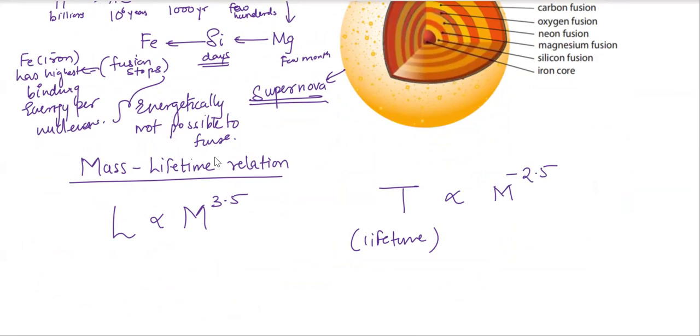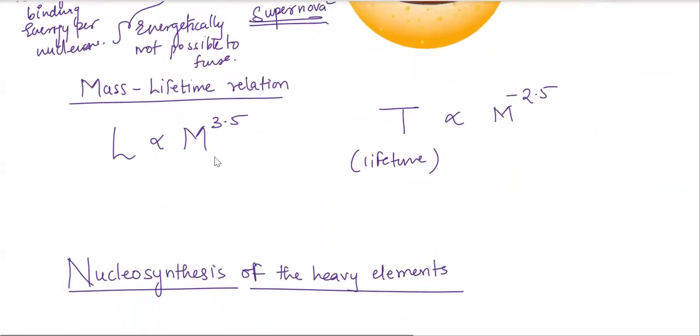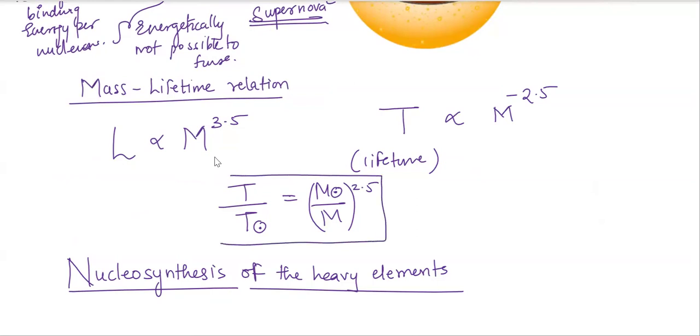So if it is given in terms of solar masses and the lifetime of our Sun, this will be t equals t naught times (M/M naught) to the power of minus 2.5.